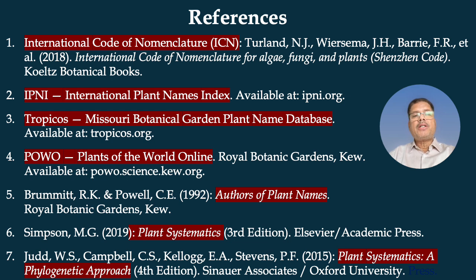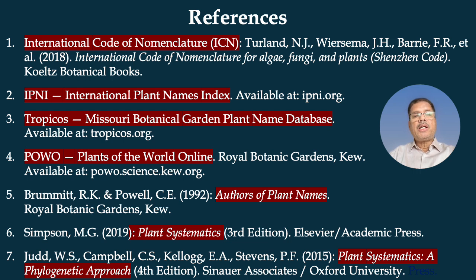For verifying plant names and author citations, online databases such as IPNI, the International Plant Names Index, Tropicos, the Missouri Botanical Garden's plant name database, and POWO, the Plants of the World Online by the Royal Botanic Gardens, Kew, are invaluable resources. Another important reference is Authors of Plant Names by Brummitt and Powell, which remains the standard source for author abbreviations.